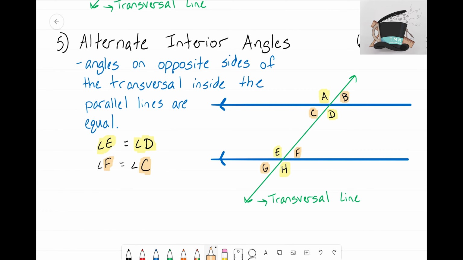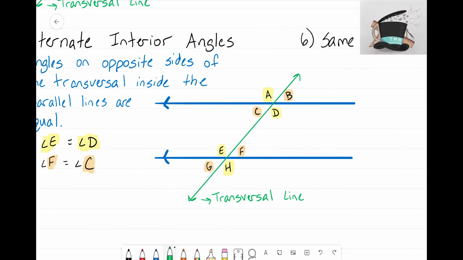That is what alternate interior angles are. If we know that, let's say, E was 120 degrees, we now would know that D is also 120 degrees because of alternate interior angles. They are always going to be equal. Alrighty, that's our fifth one.